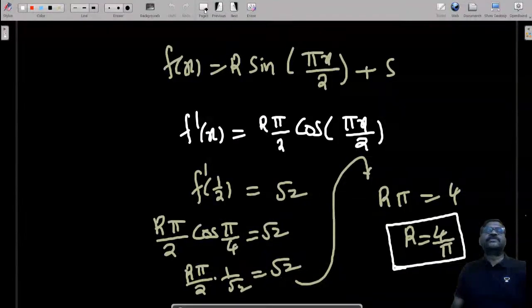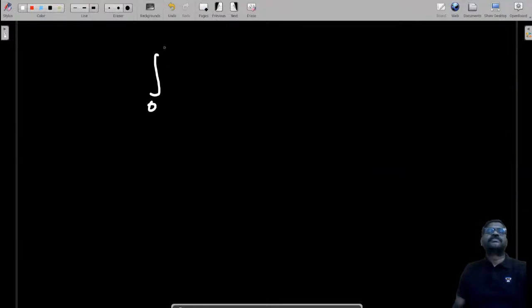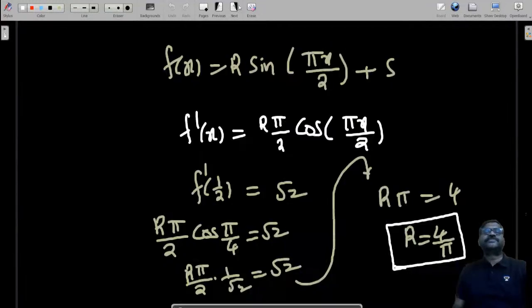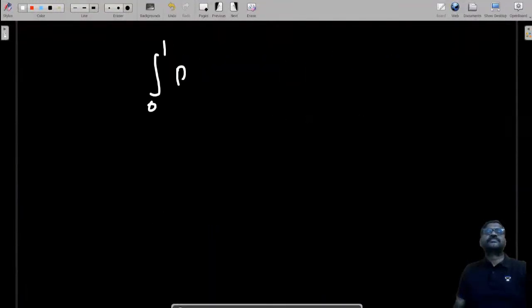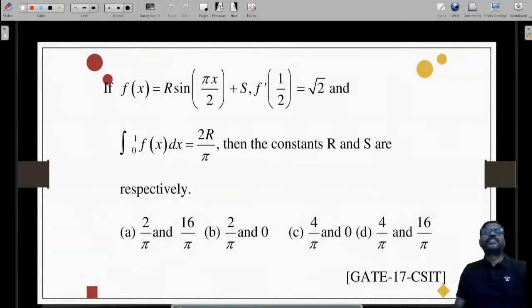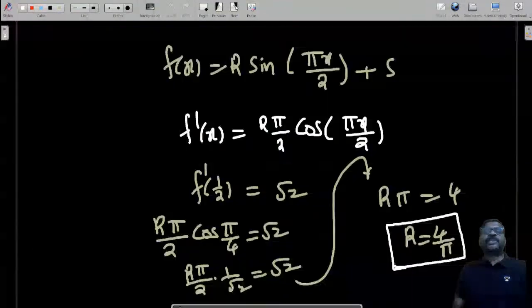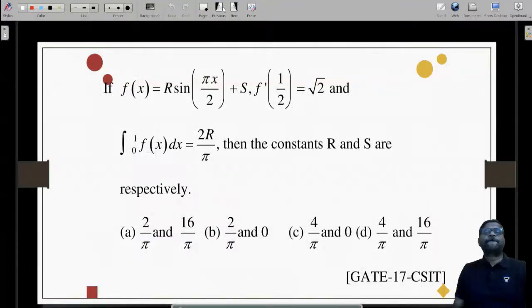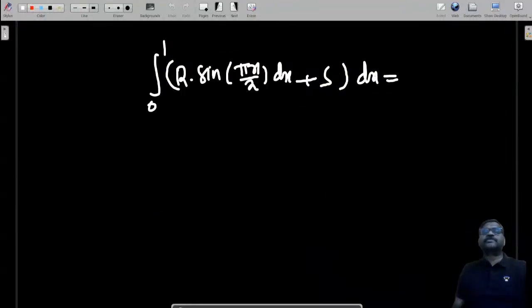Integral 0 to 1 f of x dx, r sin pi x by 2 plus s dx equal to 2r by pi.